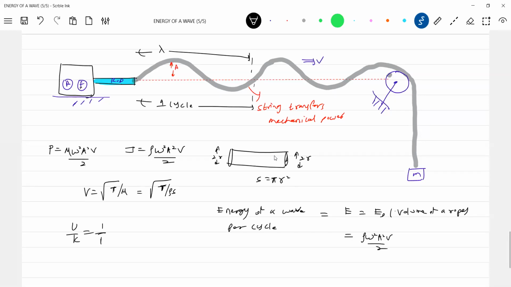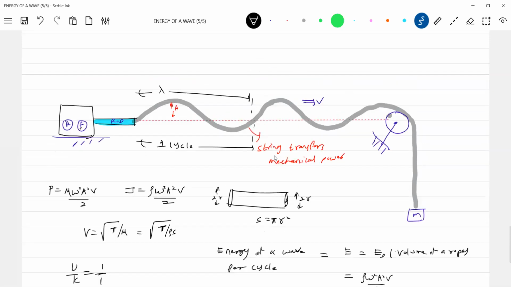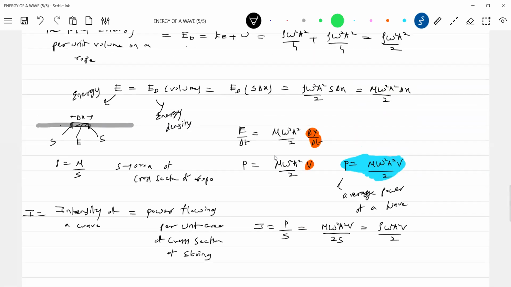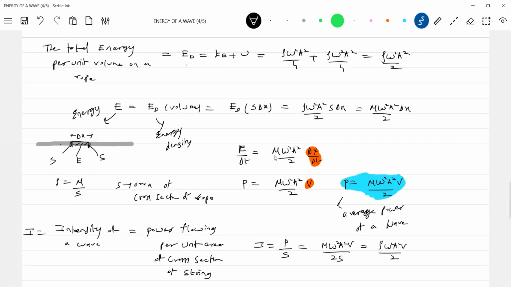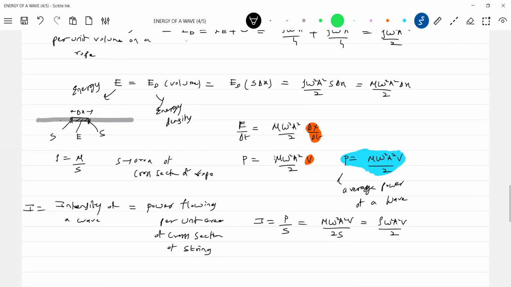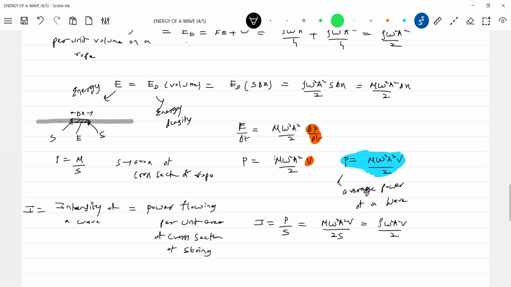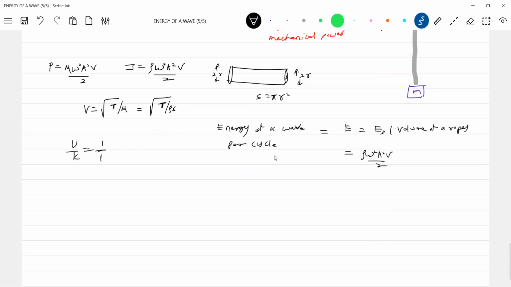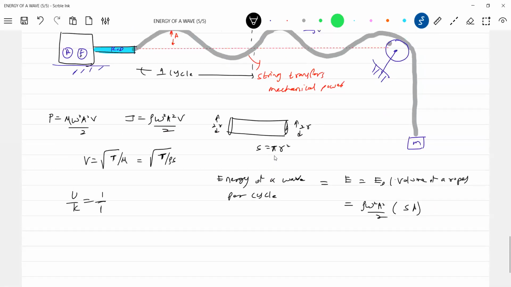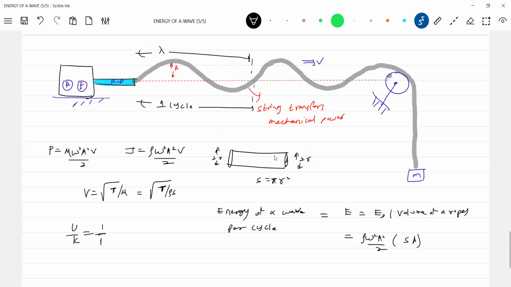I think this will be correct, no? V will not be there, energy, no? And what is the volume of the rope? Area of cross section into length of the rope for one cycle, which will be equal to lambda.